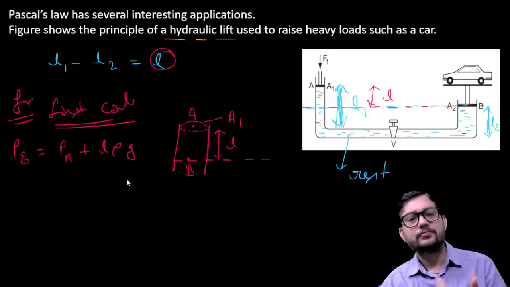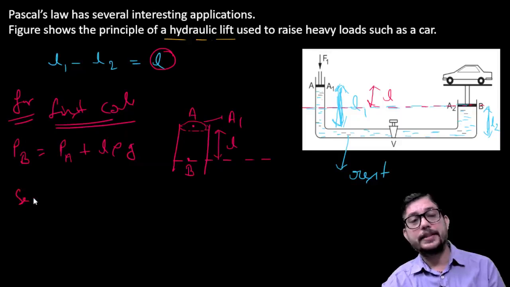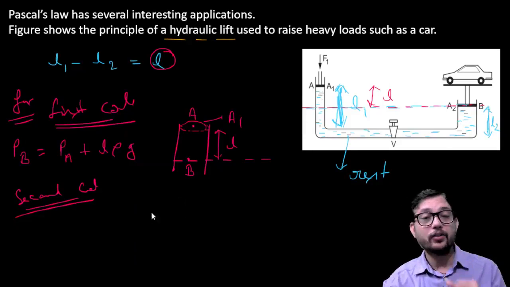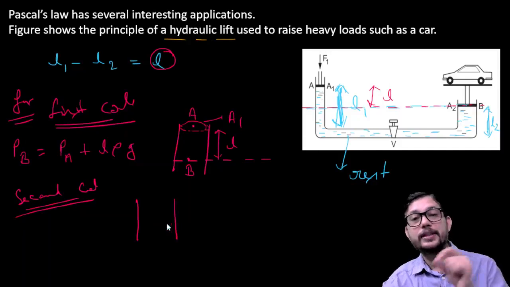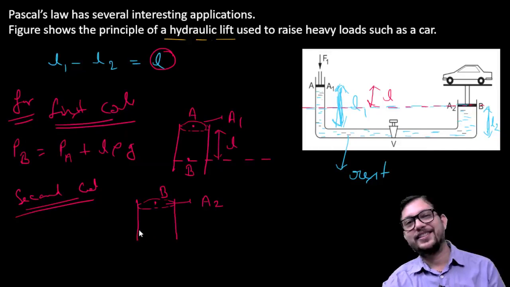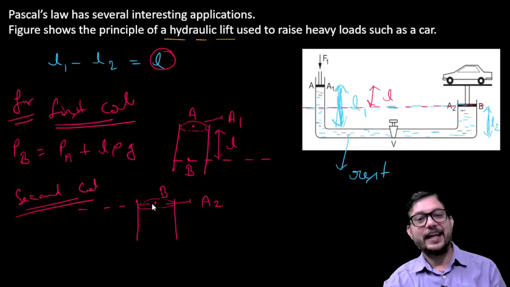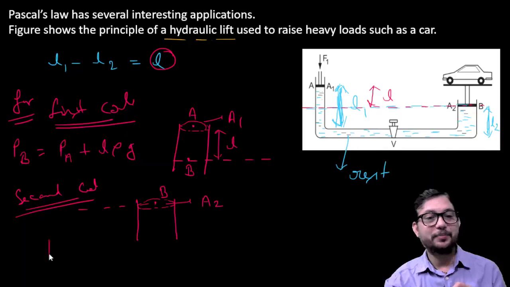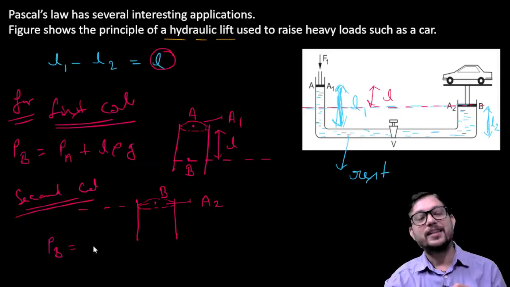Now if we talk about the second column, you can see in the diagram, the area is A2, and let the point B be there. We can directly write that the pressure at point B will be equal to L rho g.